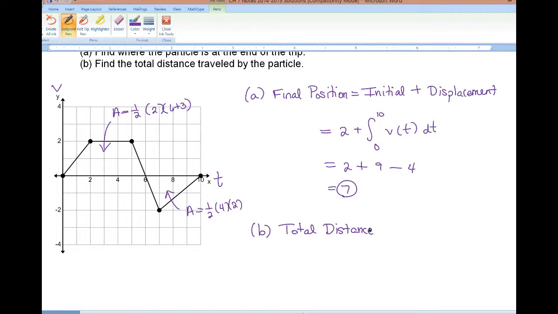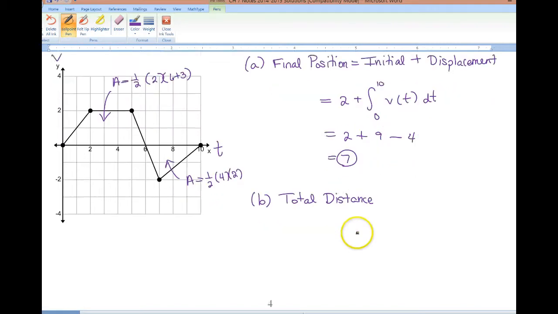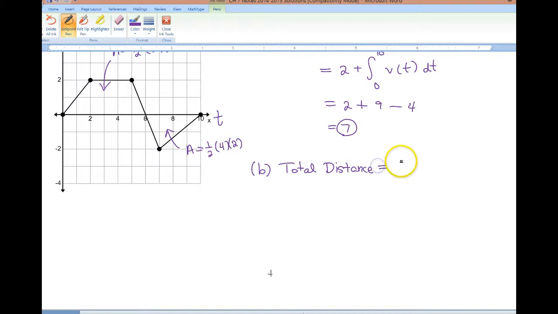No. So we're just going to basically add this area and this area. To the 2 or not? Not the 2. So the total distance traveled is just going to be the integral from 0 to 10 of the absolute value of v of t. Yeah, just 9 plus 4.